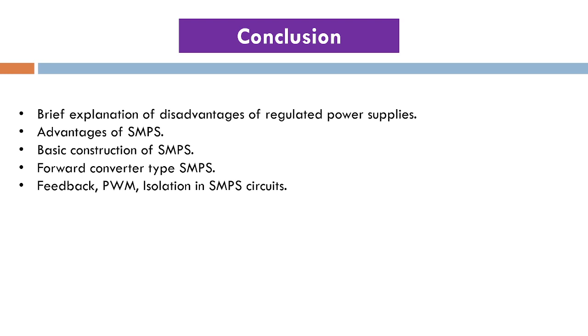Then we had a very brief discussion on PWM. Again, we had isolation created using the high frequency transformers, and a very block diagrammatic representation of a SMPS, and a basic understanding of it.